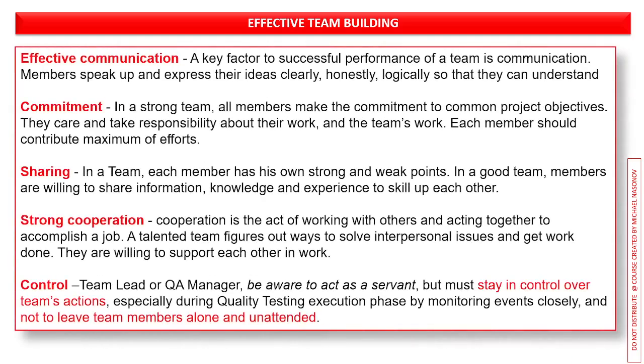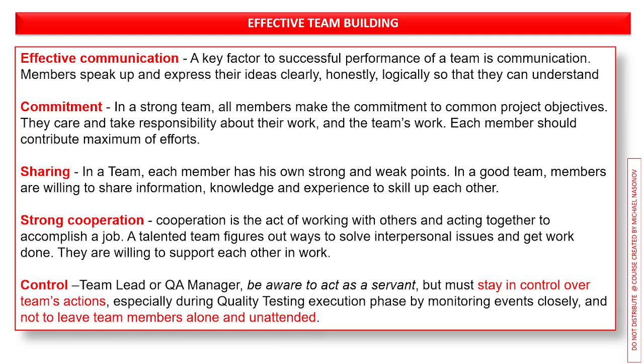Now, and finally, effective team building. Obviously, effective communication is a key factor to successful team performance. Do not shut down members. They are free to speak up and express their ideas honestly. Commitment. In a strong team, all members make a commitment to common project objectives.